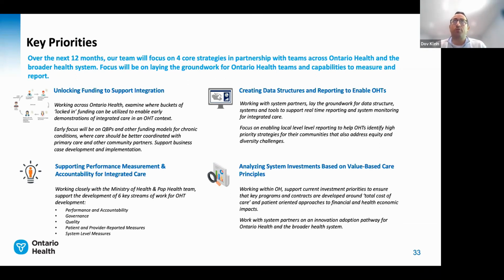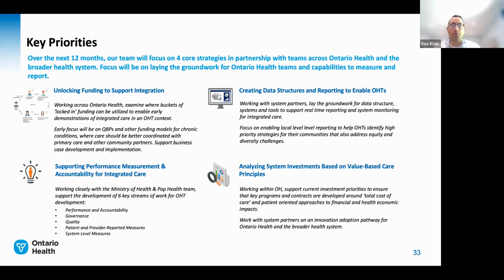So many of you will have seen the BI tool solution that we've now put out in collaboration with Jillian's team to be able to provide local level data for OHTs from both an attribution and a geographic perspective. The principle being that while you may be funded or organize yourself from an attribution model perspective, we deliver health services generally in geographies and through communities.